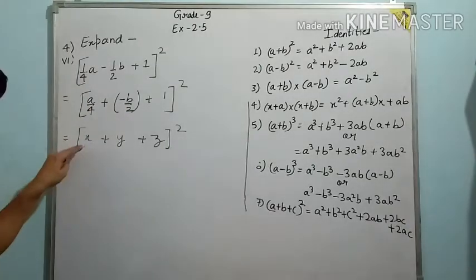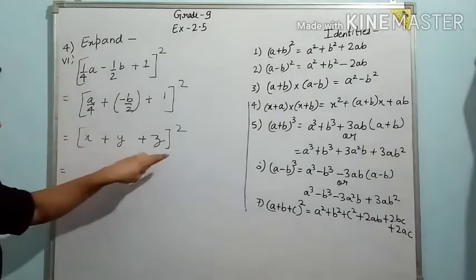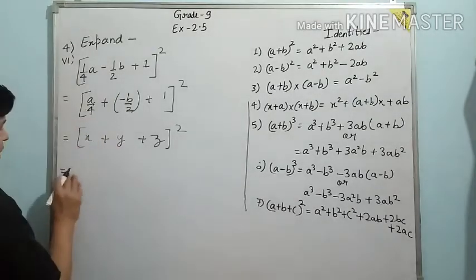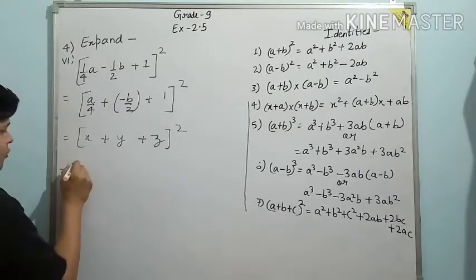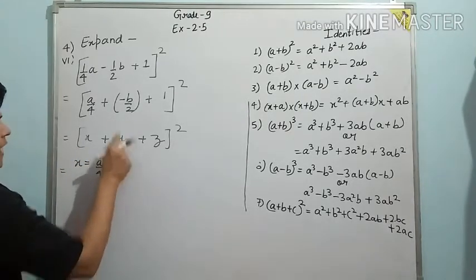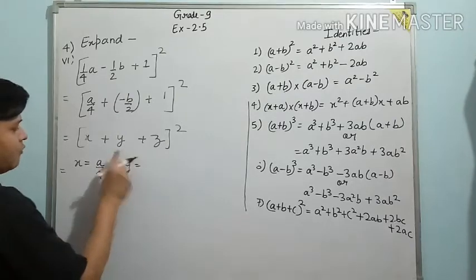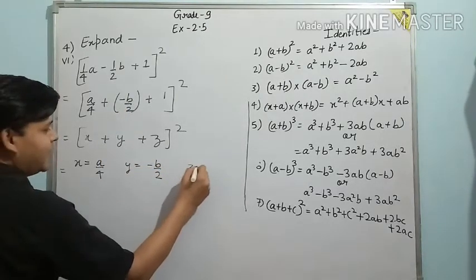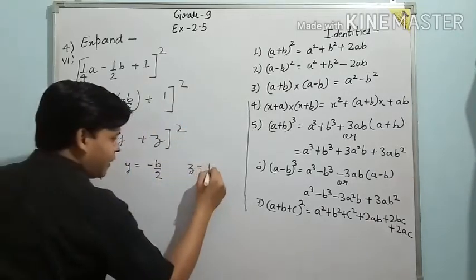That's why in place of a, b, c, I have written here x, y, z, right? So let's compare now: x is equal to a upon 4, y is minus b upon 2. Similarly z is 1, right?